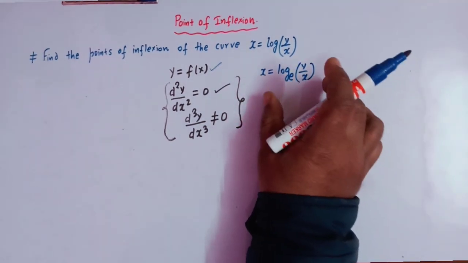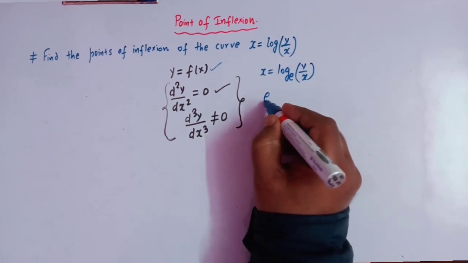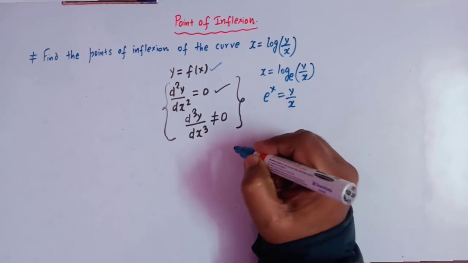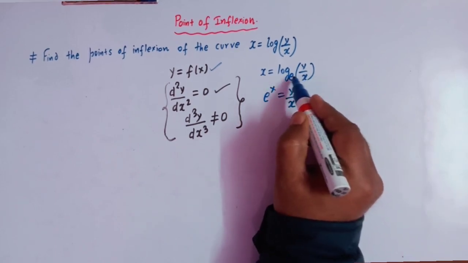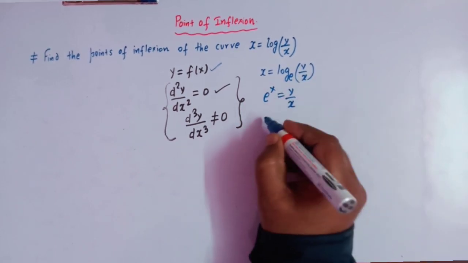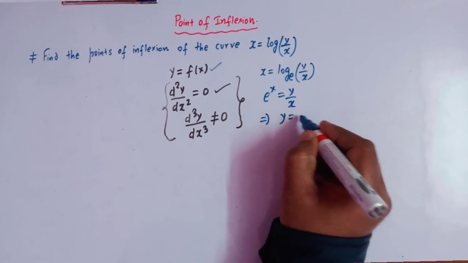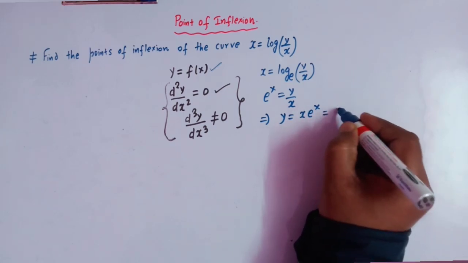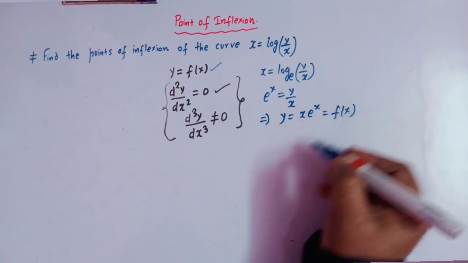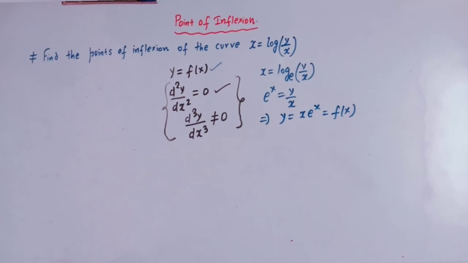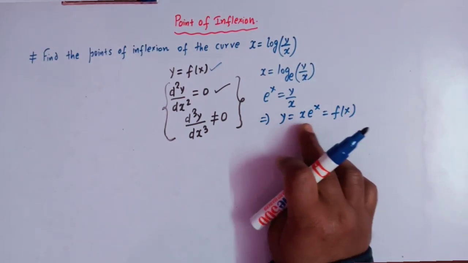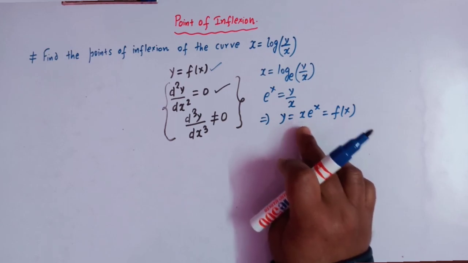So we can rewrite this equation as e raised to x is equal to y over x, from the definition of logarithm. So now we have y is equal to x times e raised to x, which is of the form y is equal to f of x.